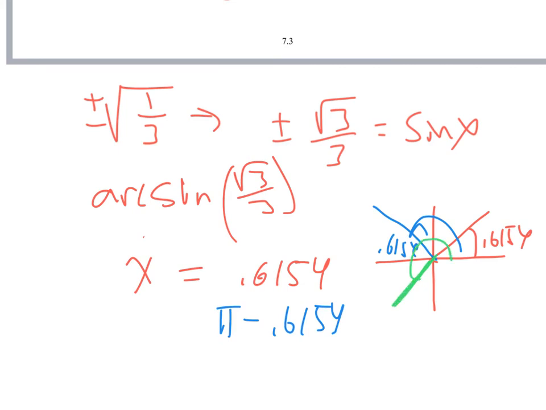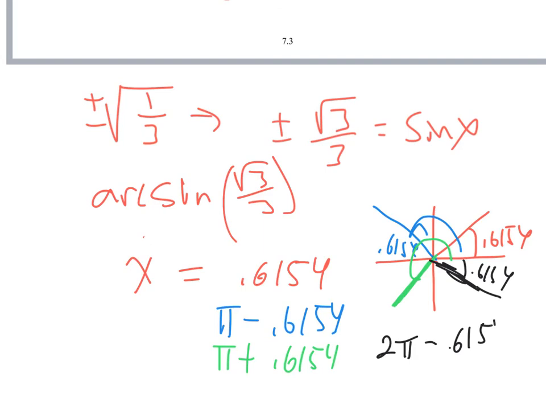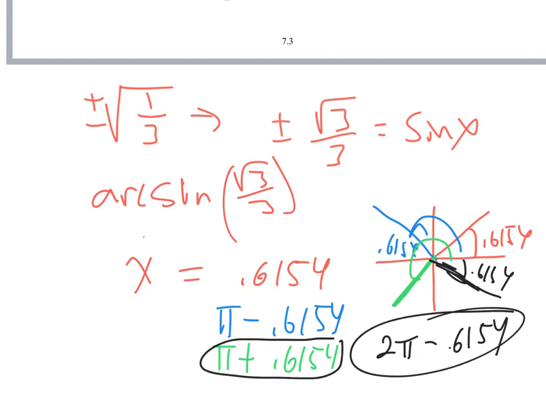So won't that be pi plus 0.6154? And then the other negative here, that's also 0.6154, so that'll be 2 pi minus 0.6154. I'm not going to bother crunching all those numbers, but that's what I think these answers are.